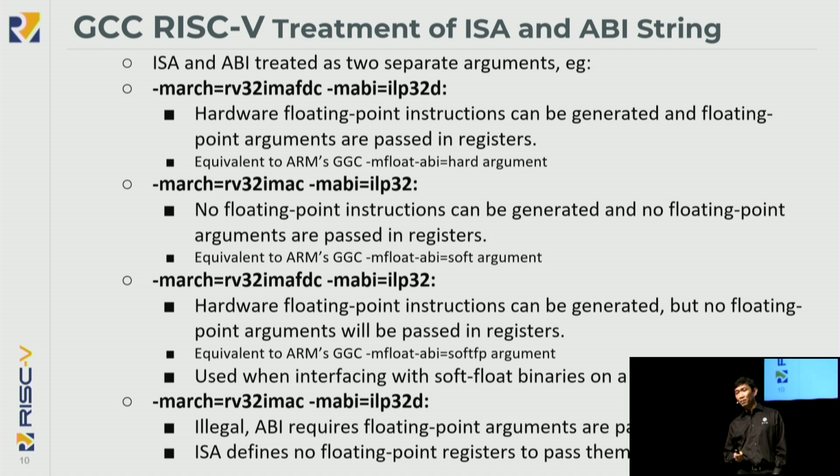And similarly for the third one. On the other hand, if you try to use, as in the last one, an RV32IMC, but then in your ABI you specify either a floating point or a double precision floating point, that would be illegal, and your compiler and linker will complain about that.